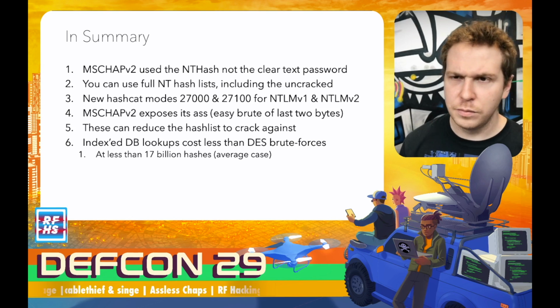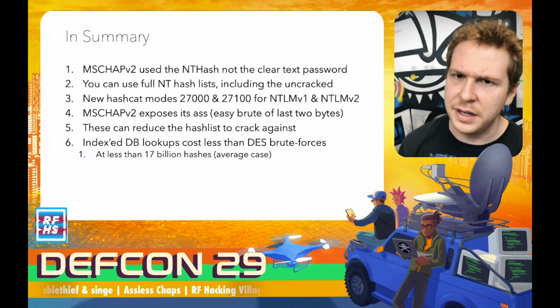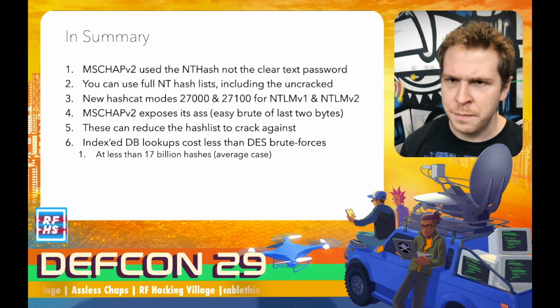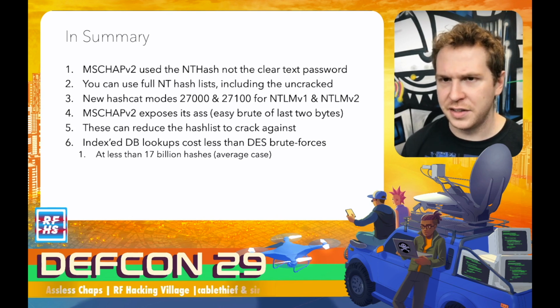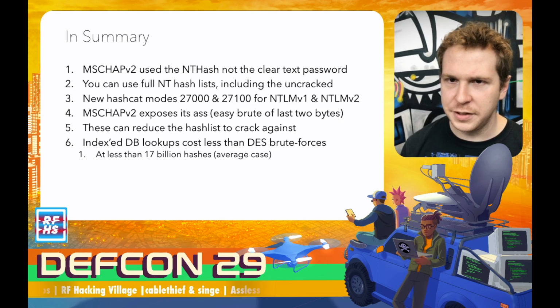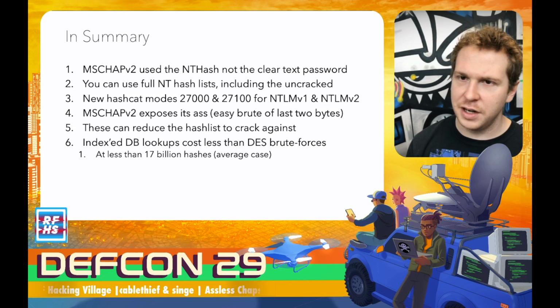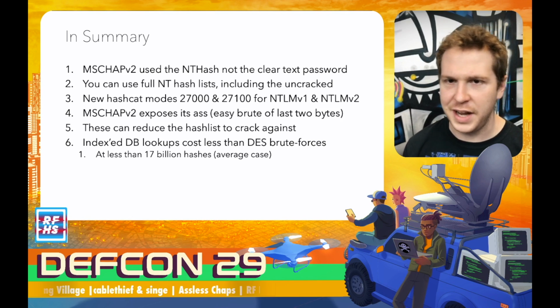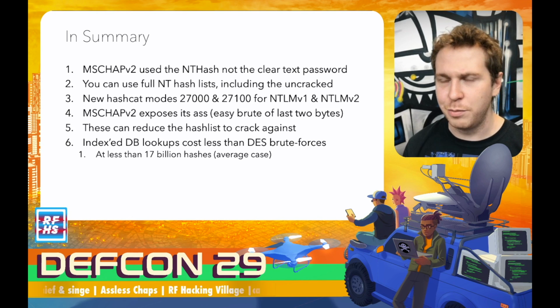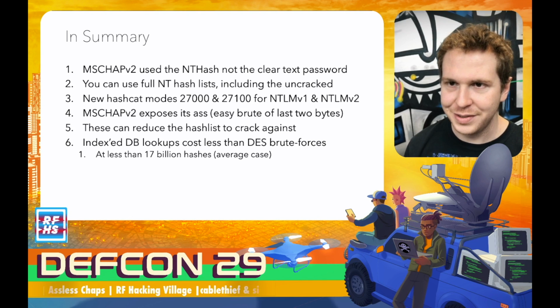We've introduced two new hashcat modes, 27000 and 27100, for NTLMv1, and as a bonus NTLMv2. MS-CHAPv2 exposes its ASS, easy brute force of the last 2 bytes, which allows us to reduce the hash list that we're going to crack against. Index DB lookups cost less than DES brute forces, provided you are less than 17 billion hashes, etc.